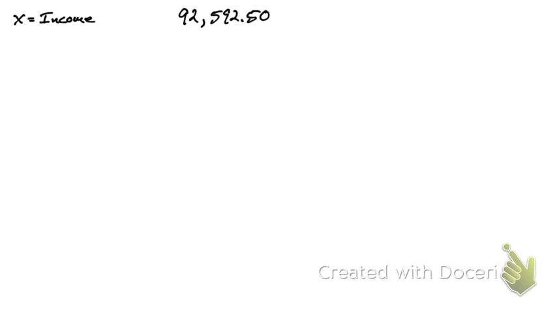All right, if X is his income, then X minus that 319,100 would be the amount that he can get taxed again on. He paid $92,000 right off the top. This is his amount over that 319,100, so this is where he can get taxed again.